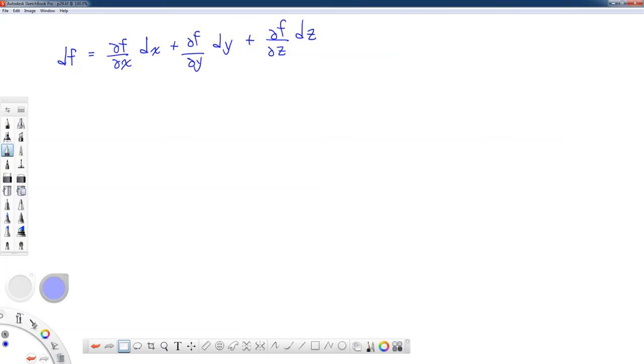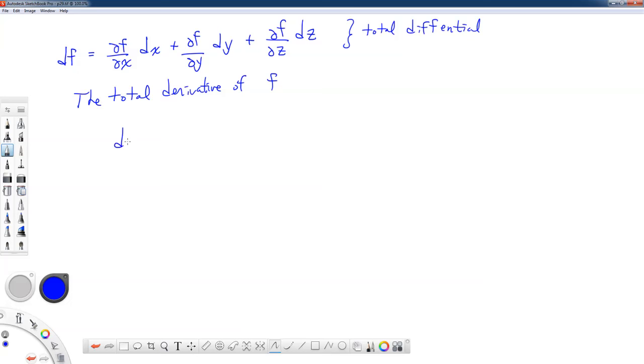Okay, so again, that term that I have here is the total differential. And we can get at something called the total derivative of the function f by taking that, go ahead and write it down, and multiplying both sides by 1 over ds.